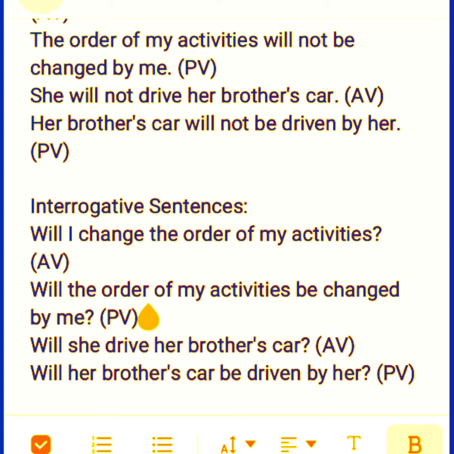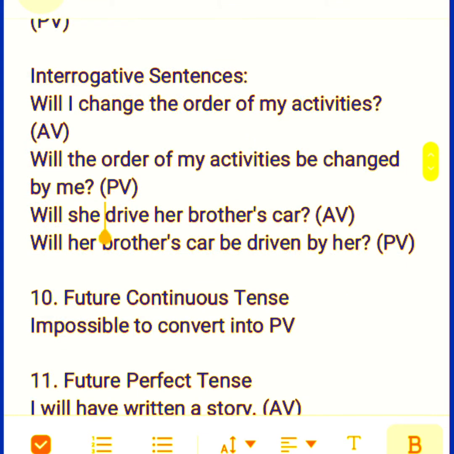Will the order of my activities be changed by me? Will she drive her brother's car? Will her brother's car be driven by her? So in questions we have to keep the helping verb in the first place, before the object.